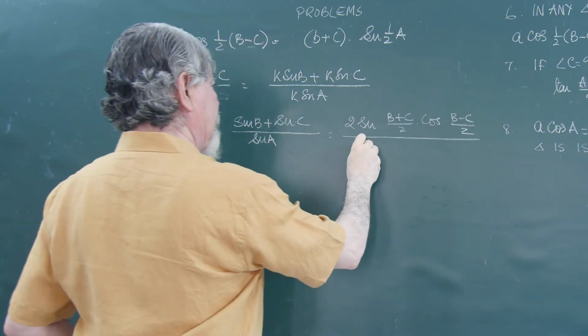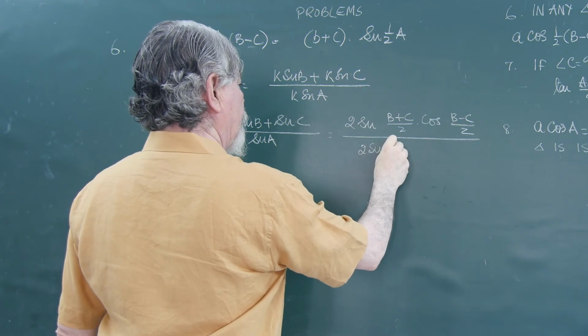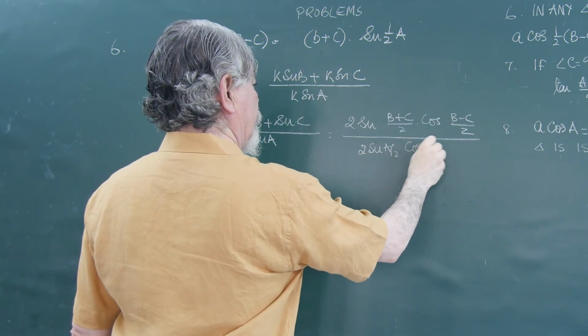Sine A can be written as 2 sine A upon 2 cos A upon 2.